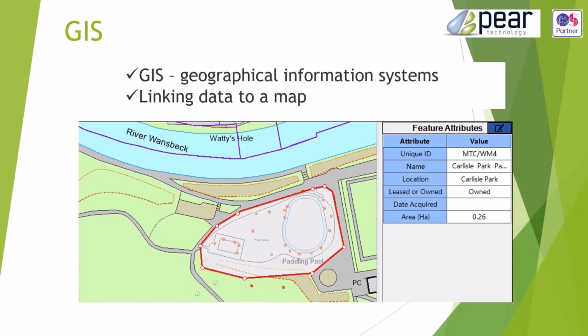It's council-owned land, has an area of 0.26 hectares, and there's some reference number for that particular area of land. So this is just an example, but we can link a wide range of data to the map, and you can add a whole lot more features and attributes than we see there. Next slide, please.